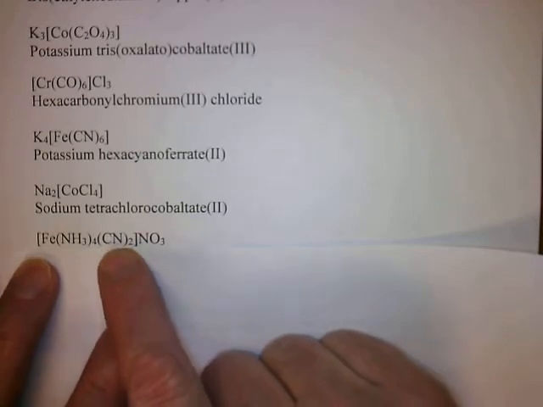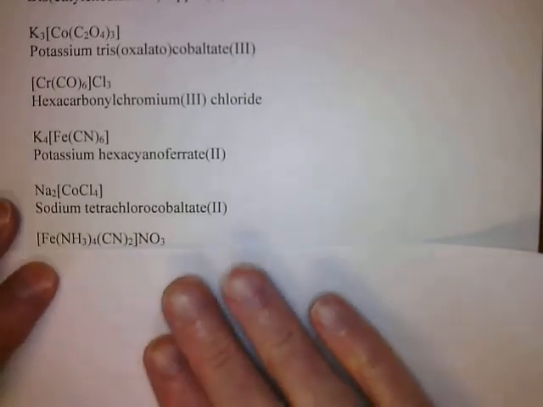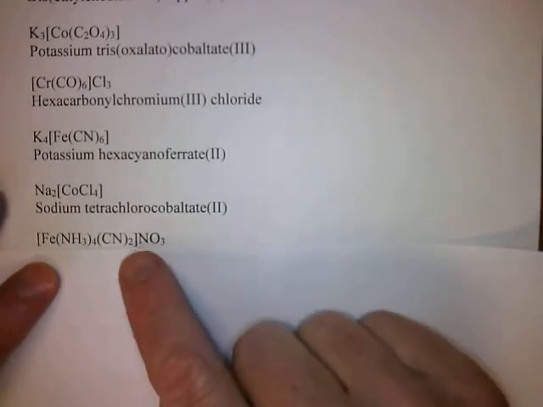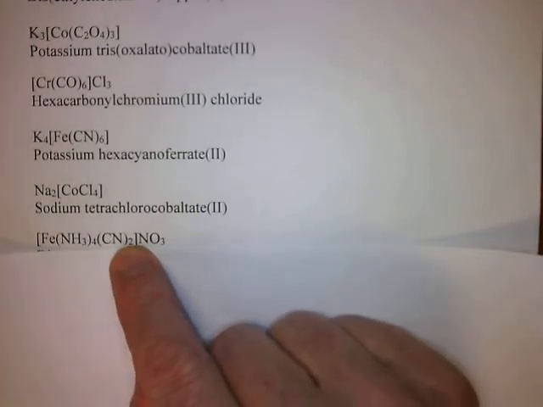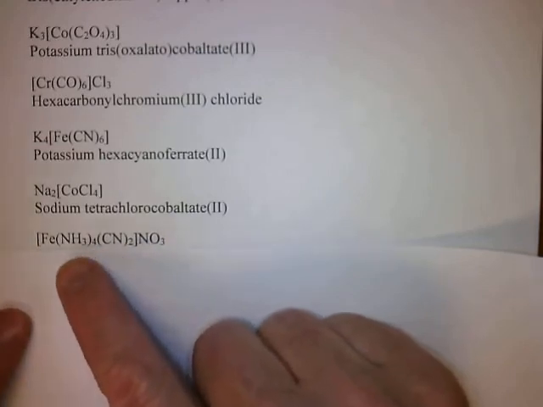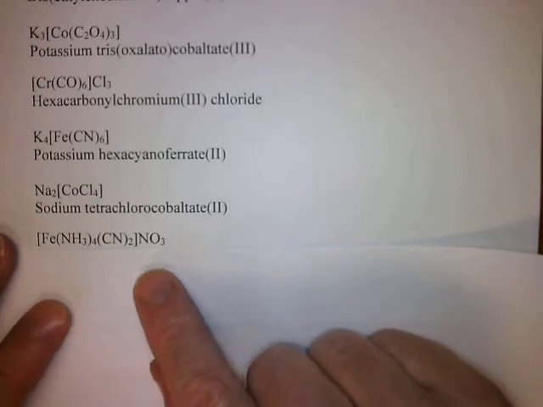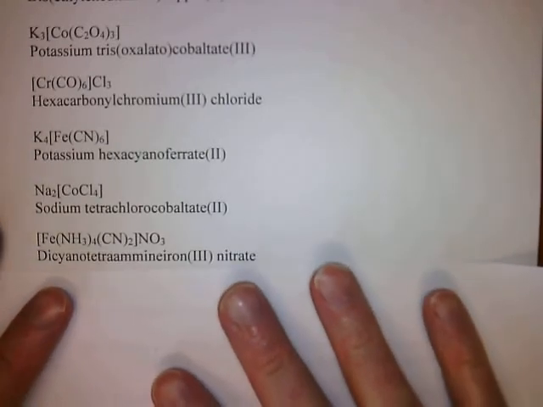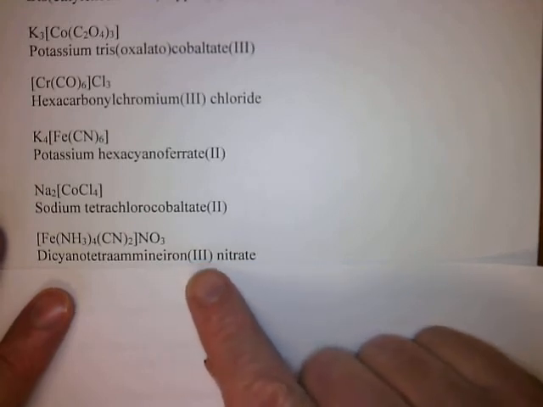We have to name the cyanos first because they are the negative part of the molecule. So it's going to be dicyano tetraamine iron, and the oxidation state of the iron, nitrate. Alright, so dicyanotetraamineiron 3 nitrate.